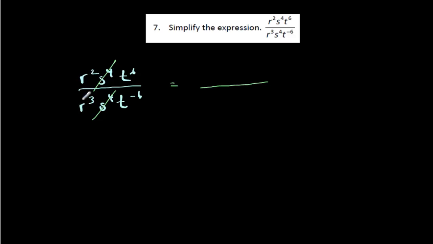R squared divided by r cubed is r in the denominator, because 3 is larger than 2 by 1 degree. So it's r to the 1 down here. T to the 6th divided by t to the negative 6. Well, if I move this up, I'm going to get t to the positive 6 up here. So t to the 6th times t to the 6th is t to the 12th. And that's it.